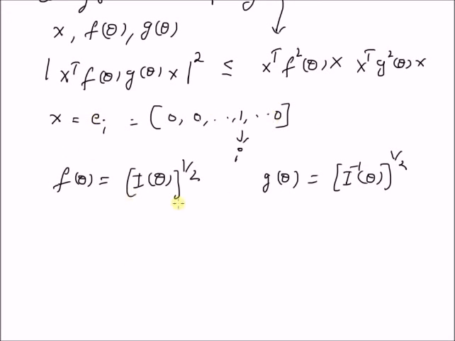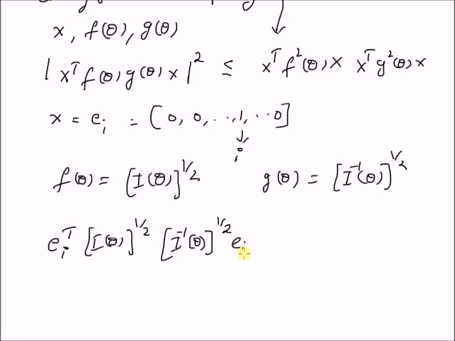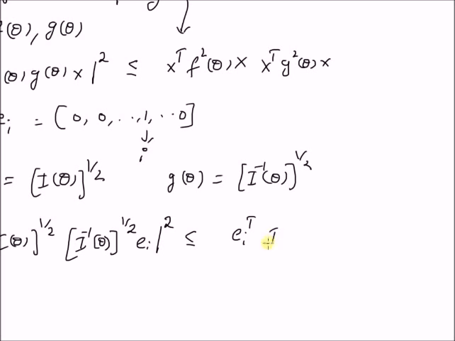Then by using these definitions in the inequality, we have ei transpose I theta power 1 by 2 into I inverse theta power 1 by 2, that is, the inverse of the Fisher information matrix power 1 by 2, into ei, modulus squared, is less than or equal to ei transpose I of theta, that is the Fisher information matrix, since this is f square of theta, multiplied by ei, and then ei transpose I inverse theta ei.